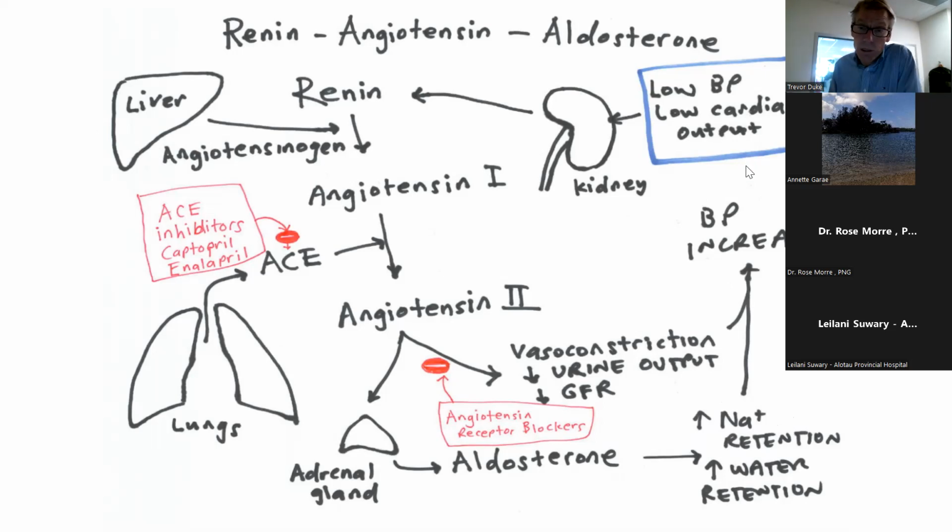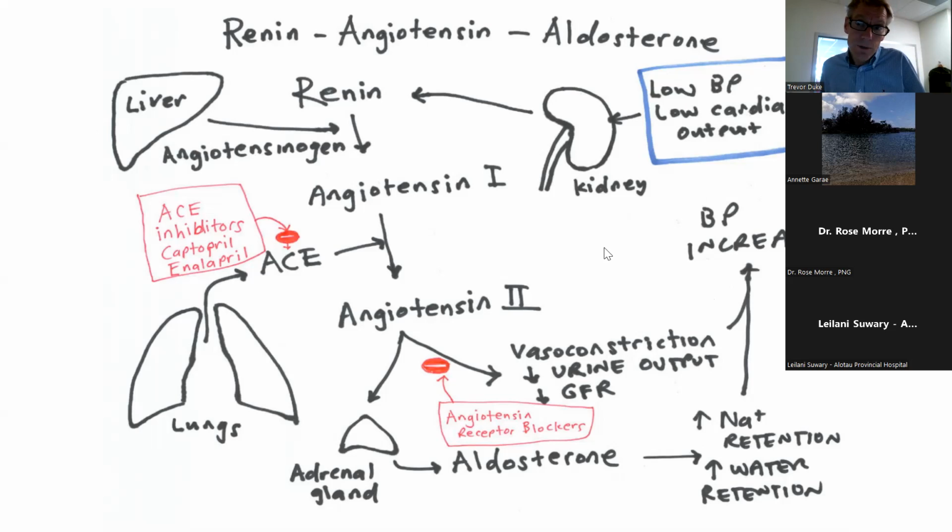Although this is the way the body tries to adapt to low blood pressure, in many cases it leads to congestive heart failure because of the increased salt retention, increased water retention, and higher blood pressure, leading to these responses, reduced urine output, etc.